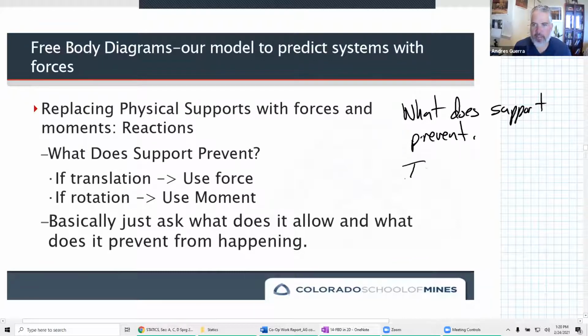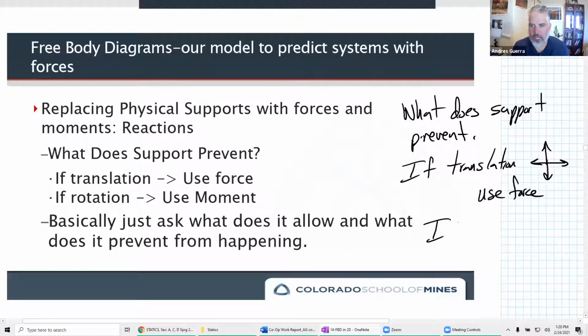If it prevents translation, and by translation I mean just movement in any of the directions, then we're going to use a force. If it prevents rotation, then we use a moment.